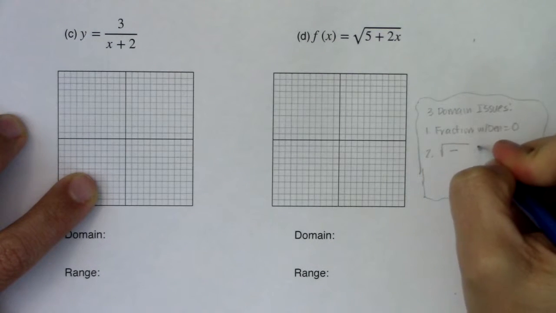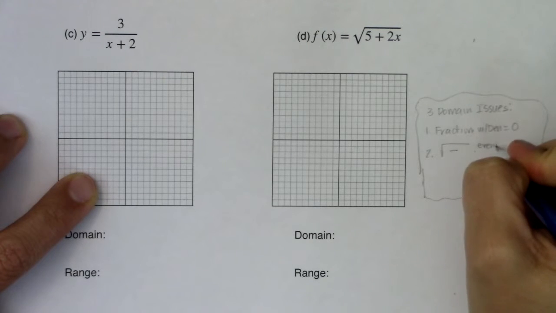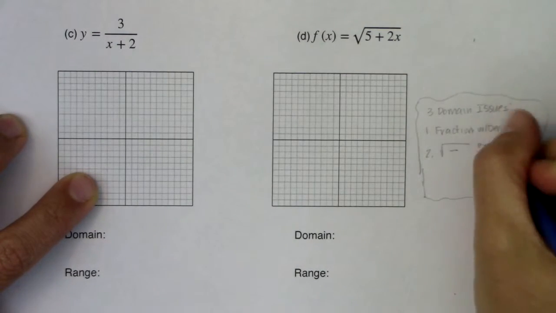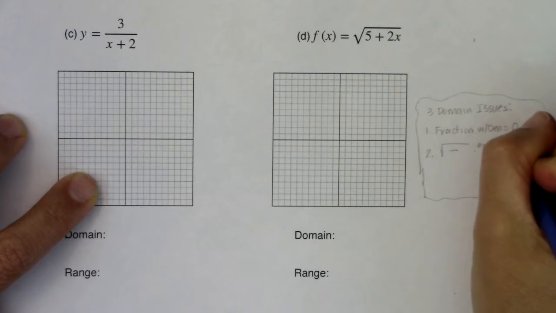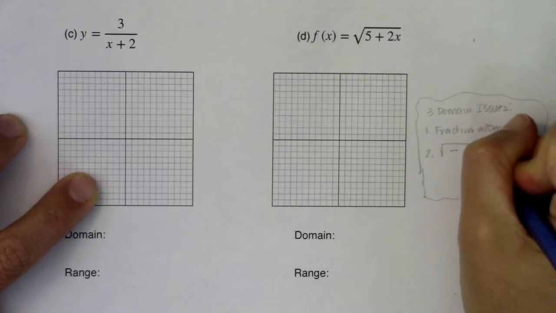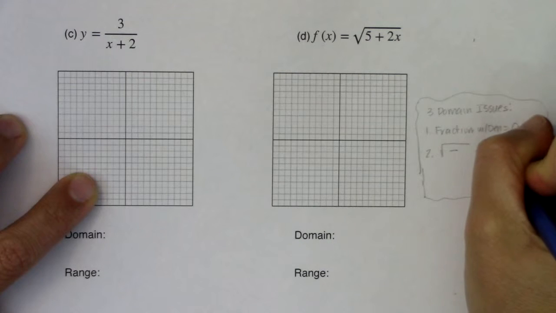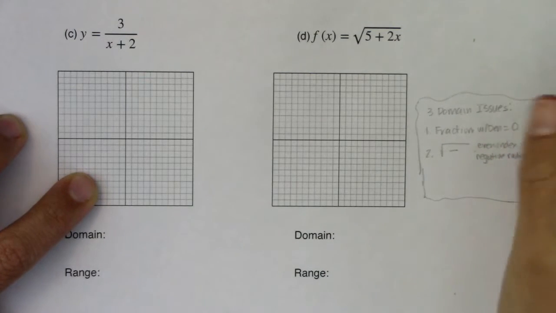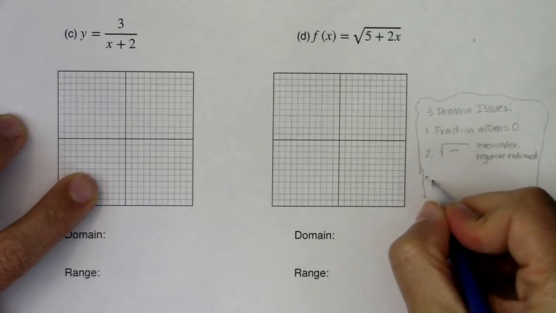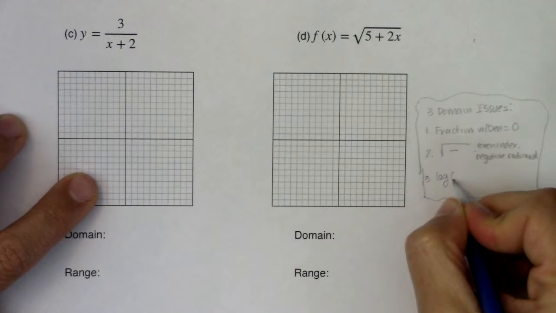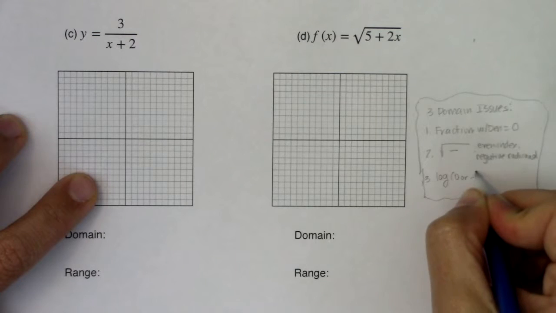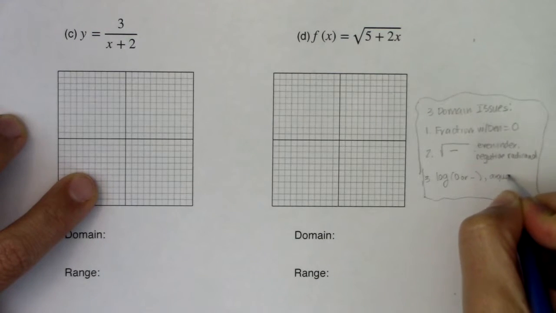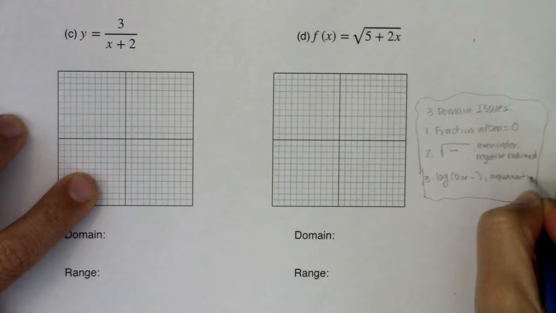All right, so I'll put even index, along with the negative radicand, which is fancy for anything under the radical. That is a problem. And then the third one is when you take the logarithm of a 0 or a negative number. All right, or we might say your argument is not positive.